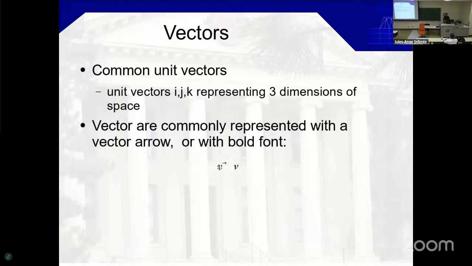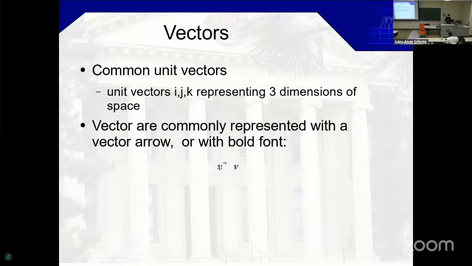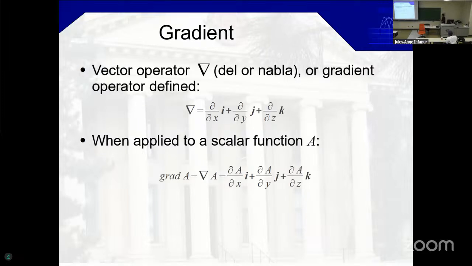i, j, k are the standard vectors that we use to represent the 3 dimensions of space. You can represent a vector either with an arrow or in bold.